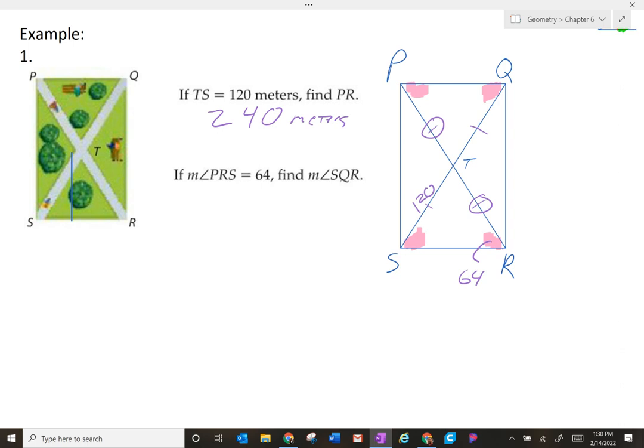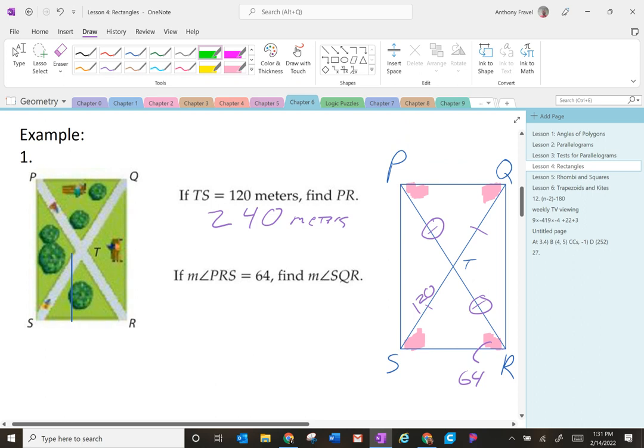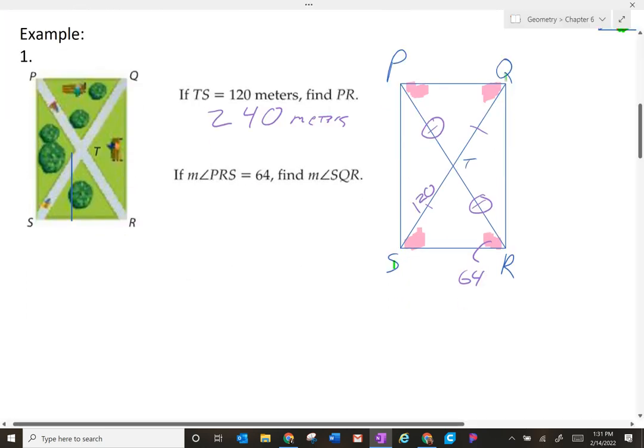The next part they were asking is angle SQR. S was here, Q was here, R was here. They're asking me about this angle right here. I know what this one is. I don't know what this one is. What can you tell me about every single corner in a rectangle?